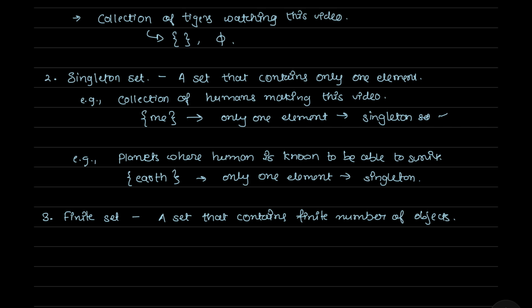Planets where humans are known to be able to survive, again singleton set. These two sets are again finite sets. So we can note that singleton set implies finite set. Okay, so both of these are finite sets.